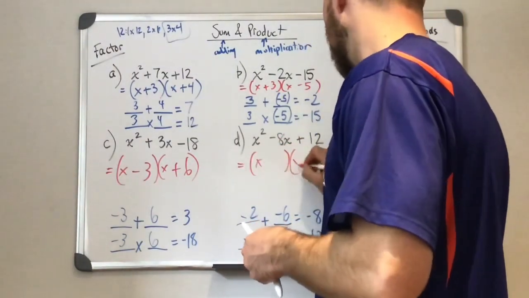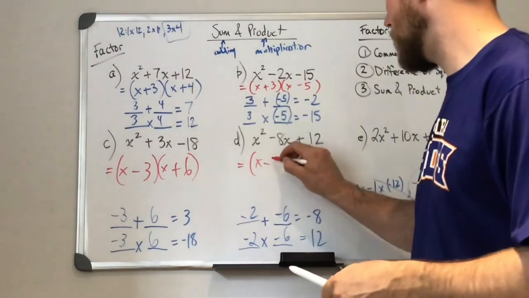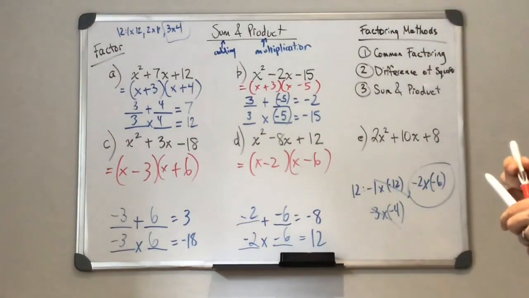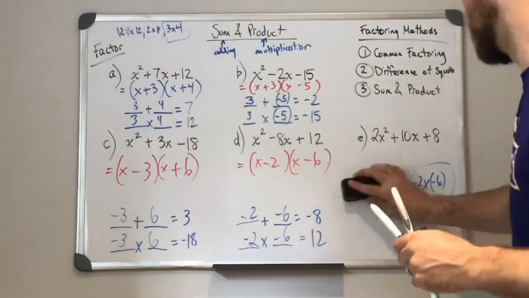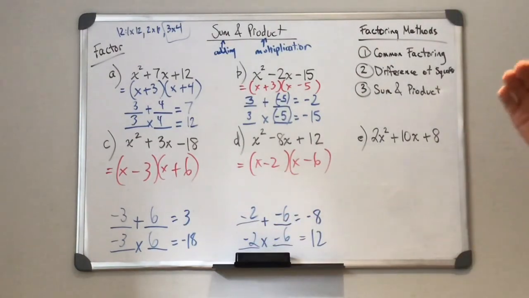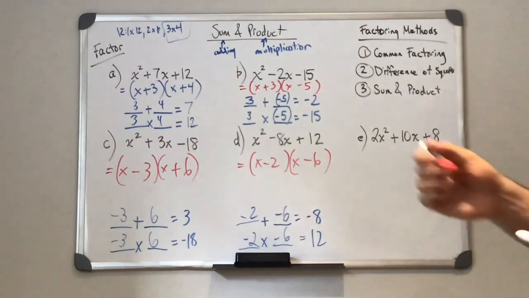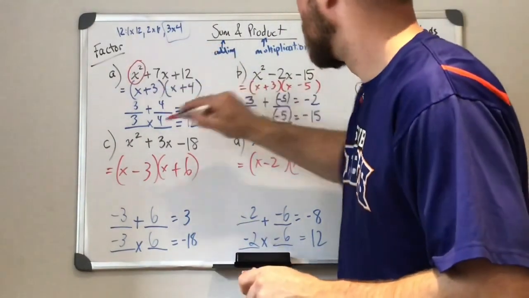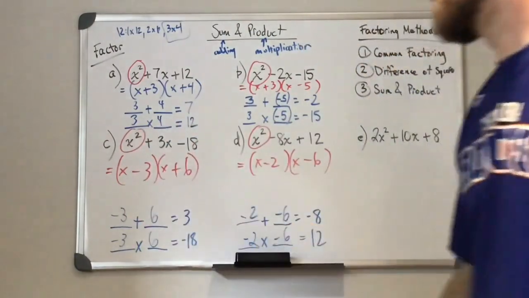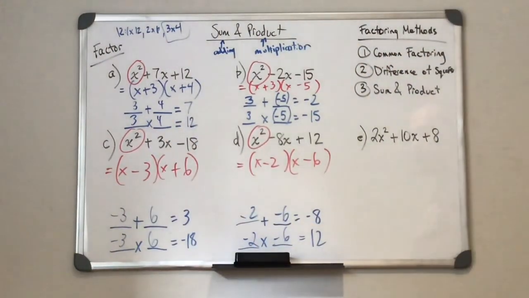We put our x's down, we plug our two numbers in, so minus 2, minus 6, and we've got this factored using our sum and product method. All right, last one. Now, I hope maybe you noticed, but in all 4 of these, there isn't a number in front of the x squared.